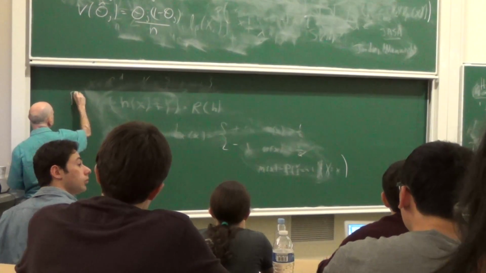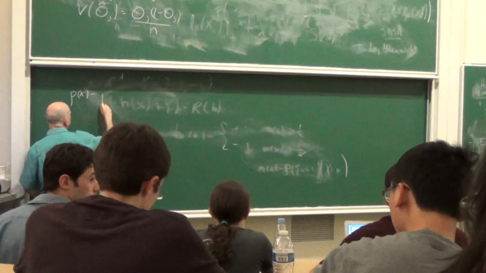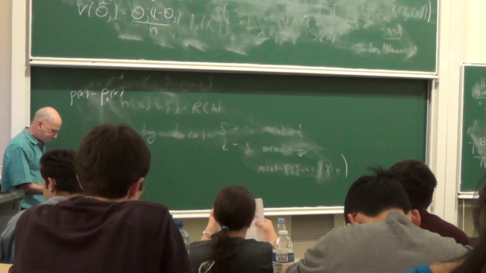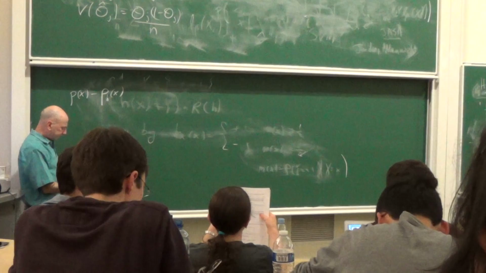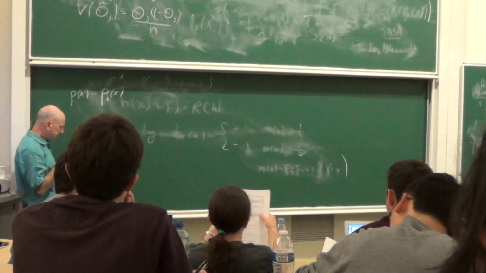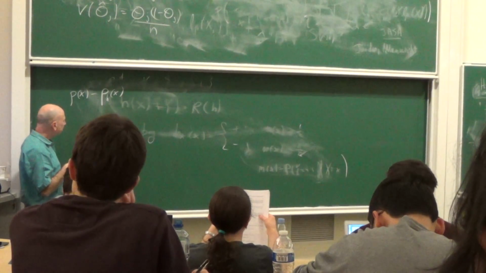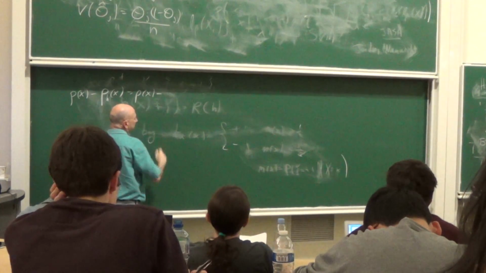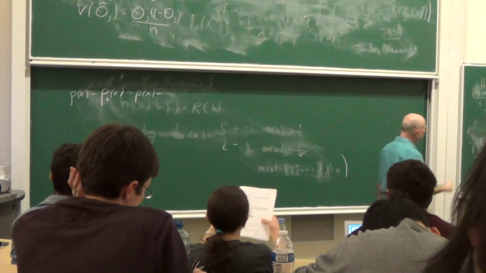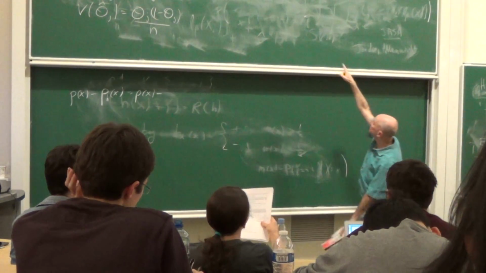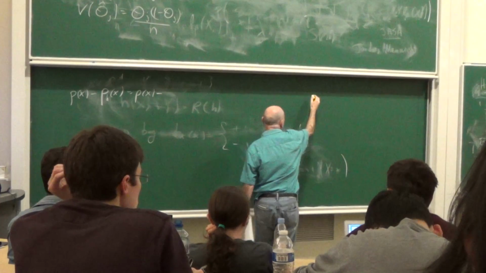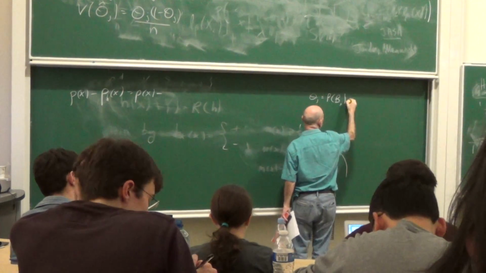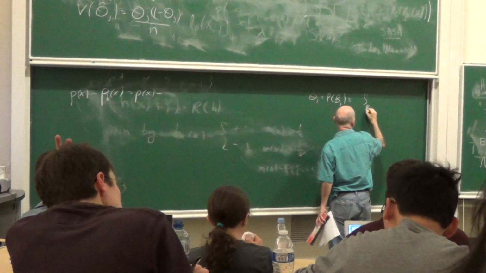If we look at p of x minus its mean, which is theta j over h to the d. But what's theta j? Theta j is the probability of bin B_j. But of course, that's just the integral over B_j.